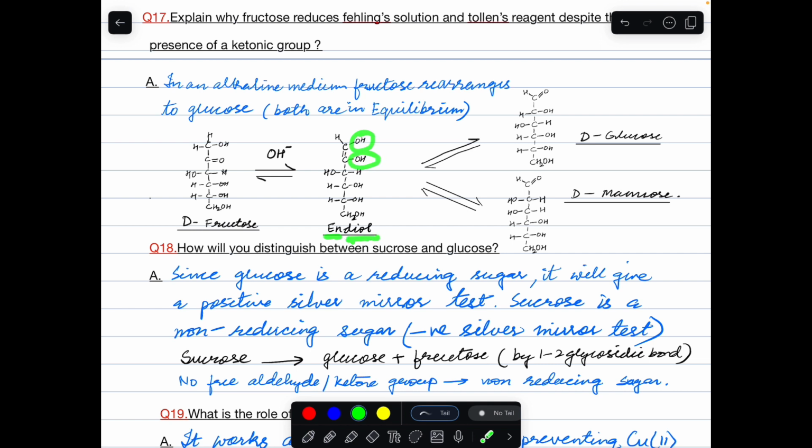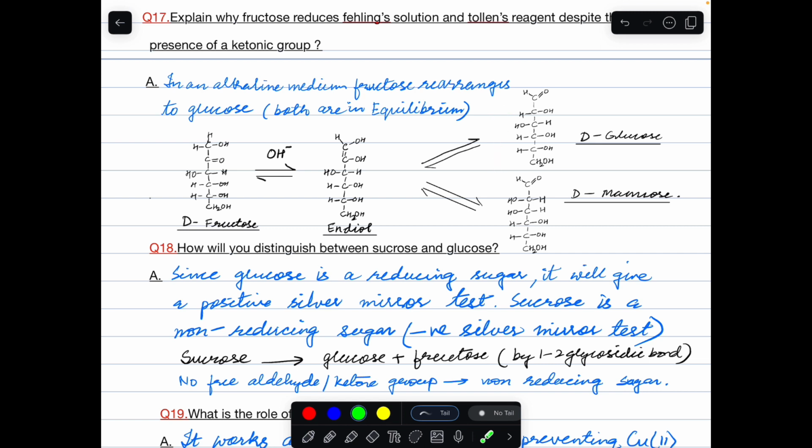So this is the enediol form, and this enediol form will again rearrange, or get tautomerized, into two forms, D-glucose and D-mannose. In case of D-glucose, this is the arrangement.